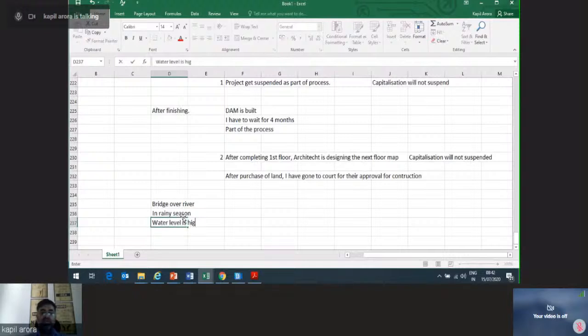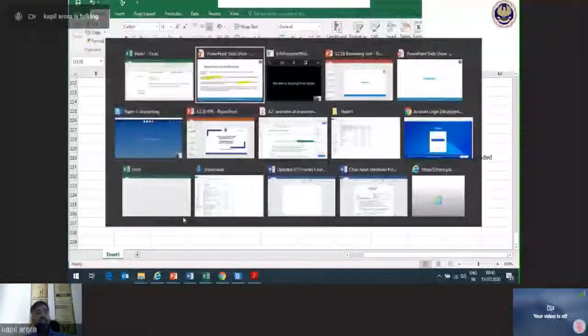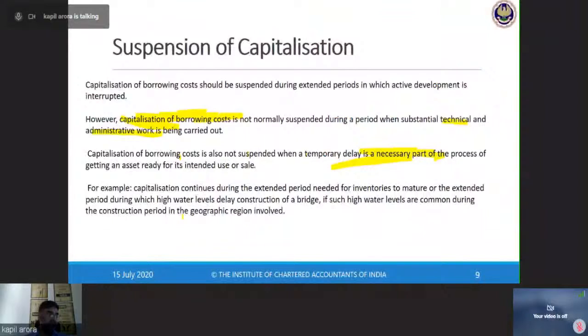So you have already decided in rainy season if water level would be high, you will not be able to work during that time. So in any case, you have to stop working there for 2 months period in the rainy season. So that is suspension where you cannot do anything. So your activities will stop, but your interest will not get suspended. I hope everyone is okay with that.